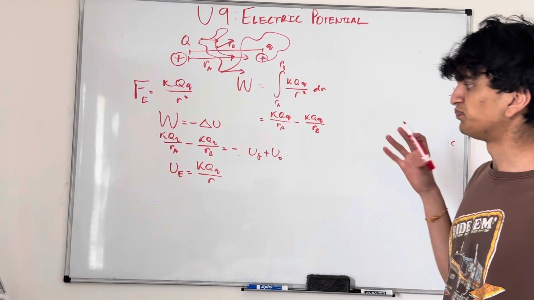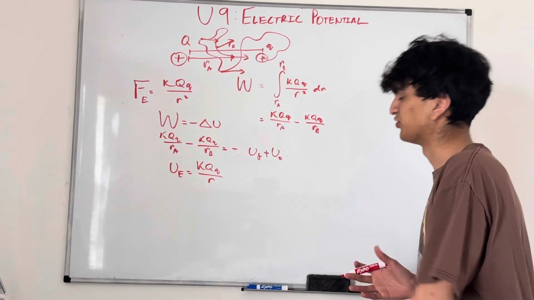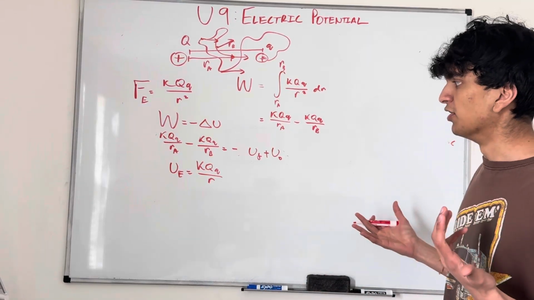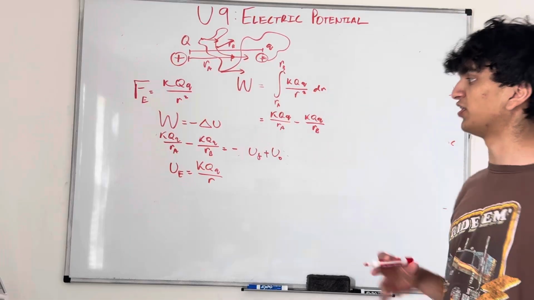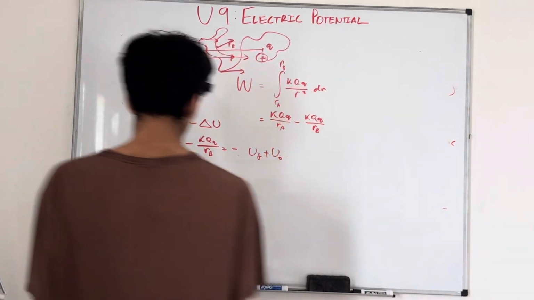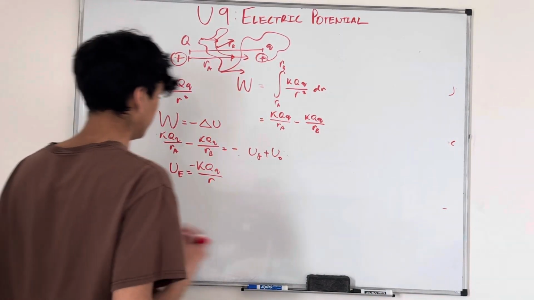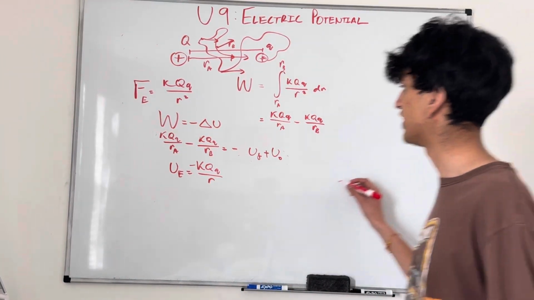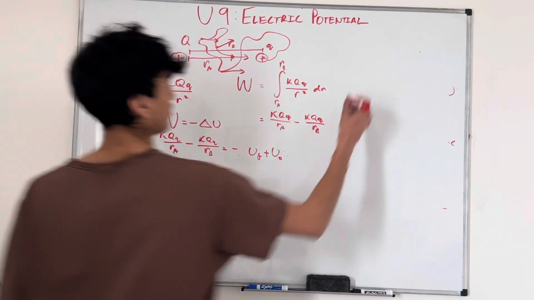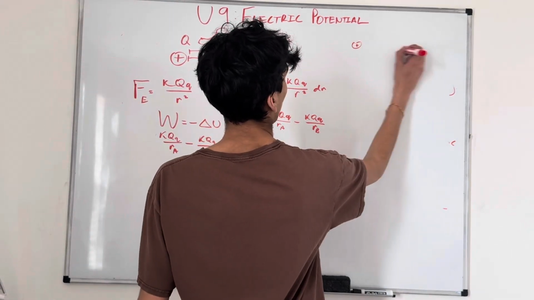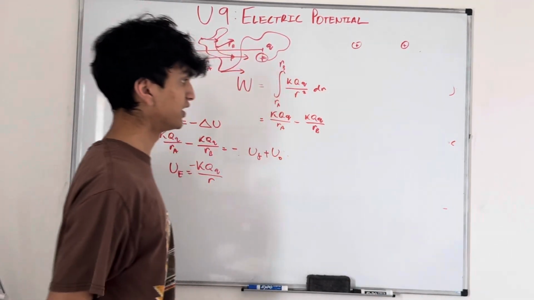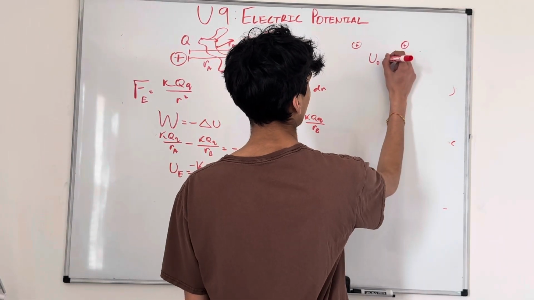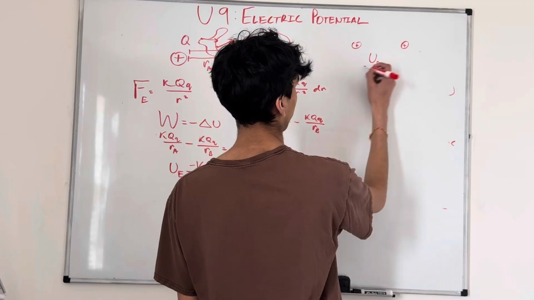Now, this equation is pretty nice, and it looks very similar to the UG equation. If one of these charges is negative, it really becomes just the UG equation with the negative. If you have a positive and a positive, all the energy is initially U initial, the total energy.